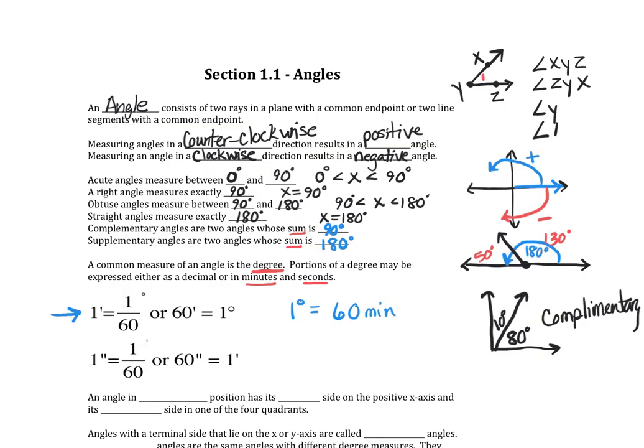We can do that in a conversion ratio. 1 degree is equal to 60 minutes. And then, of course, this is 1 second. 1 second is part of a minute, and there are 60 seconds in a minute. So we've got 1 minute. For minutes, we use one little hash mark there. And that is equivalent to 60 seconds.